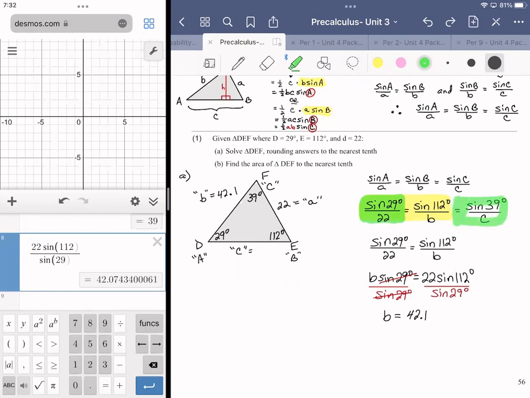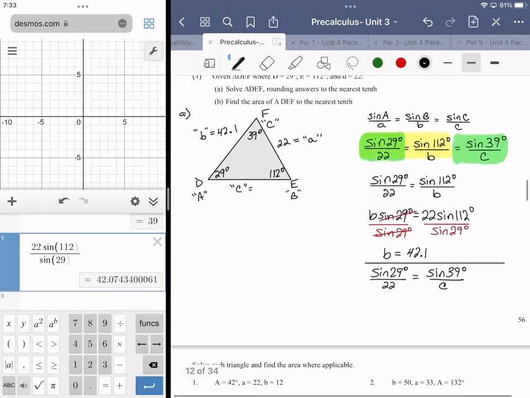So what I'm going to do is I'm going to set the sine of 29 over 22 equal to the sine of 39 over C, and then just do the same thing I just did.